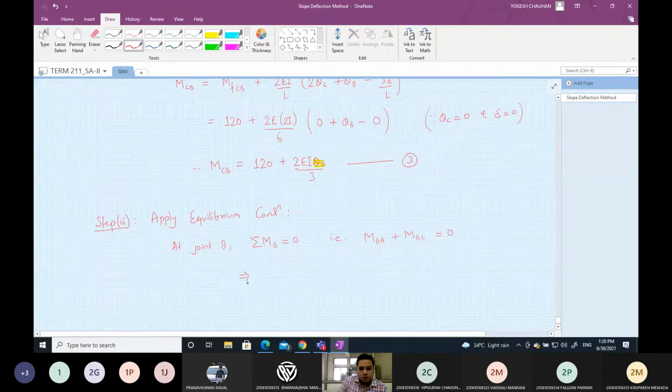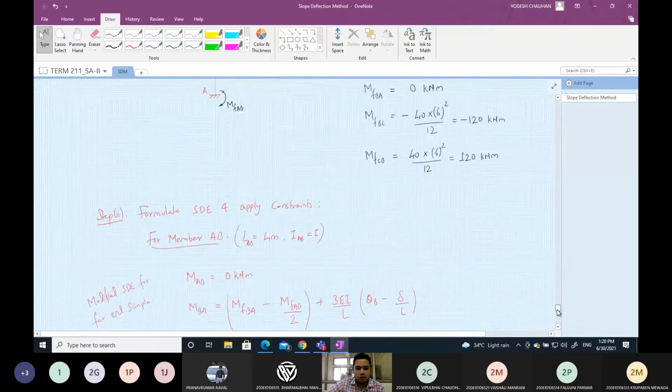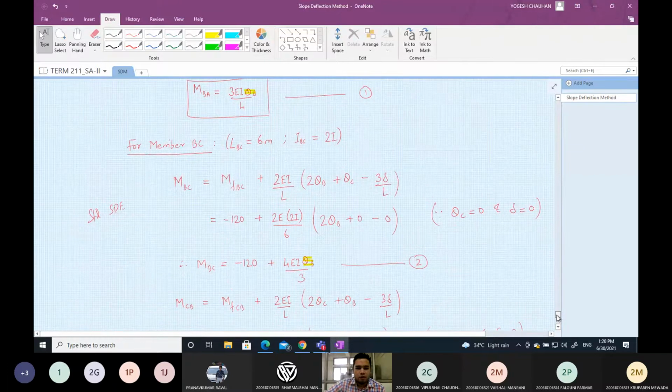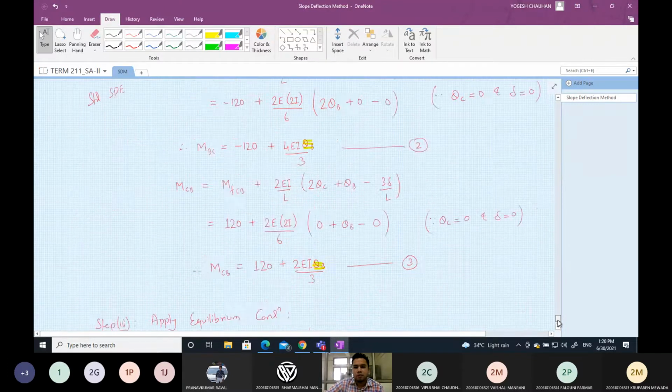So this implies MBA is 3EI theta B by 4 and MBC is minus 120 plus 4EI theta B by 3.